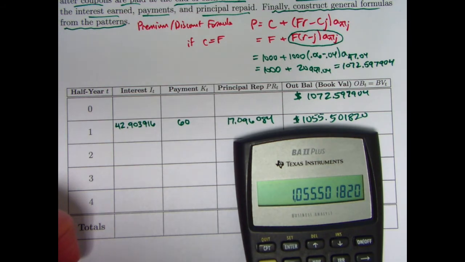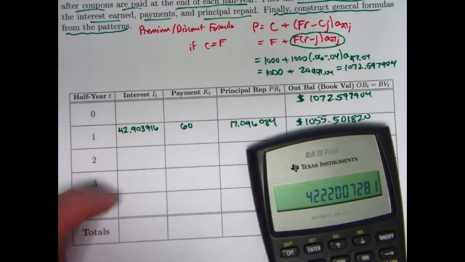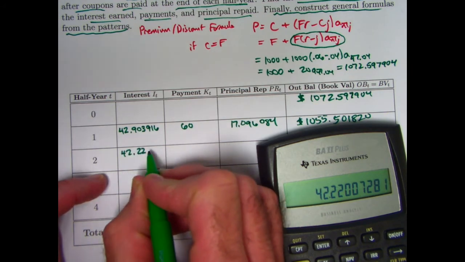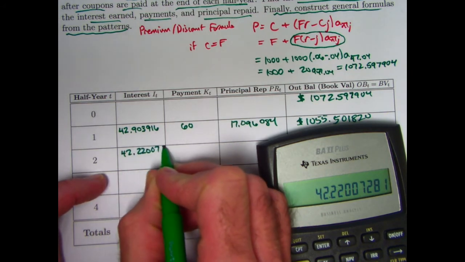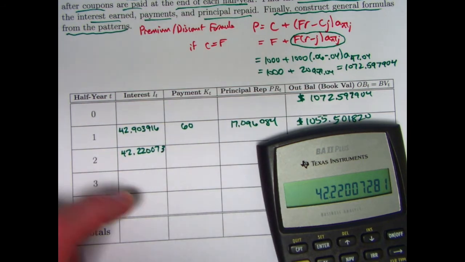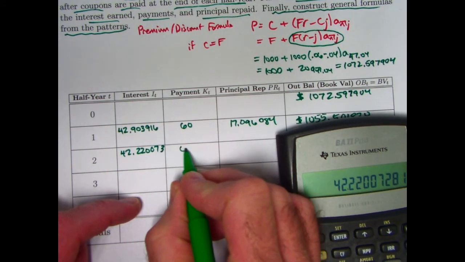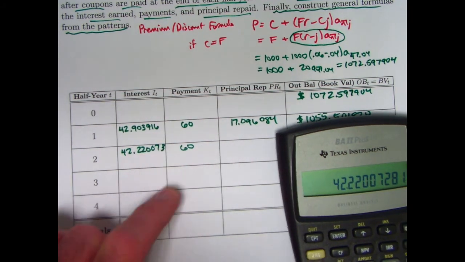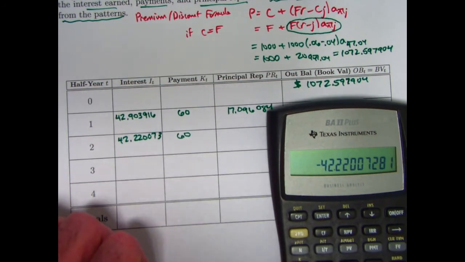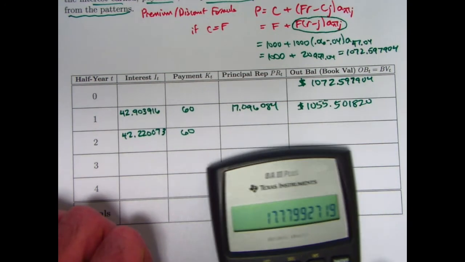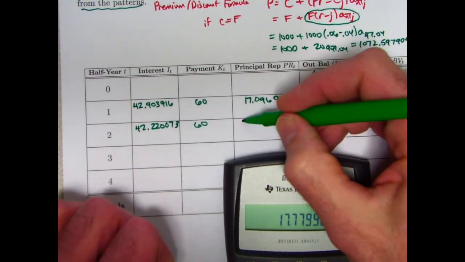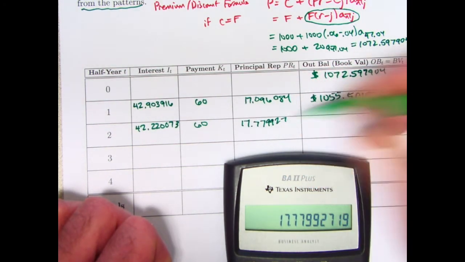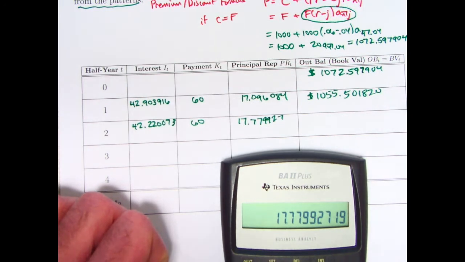Take 4% of this times 0.04. 42.22 is what goes here. If I carry more decimal places, I get that. They're still paying the coupon of 60. So the principal repaid at time 2 is going to be this minus that. Subtract this from 60. It's going to be a little higher, principal reduction. 17.779927. Subtract that from the 1,055 now.